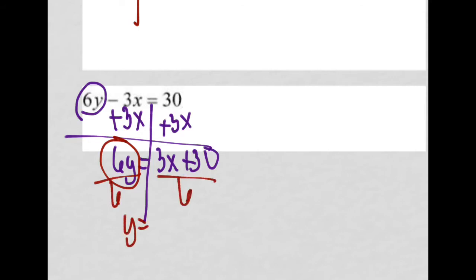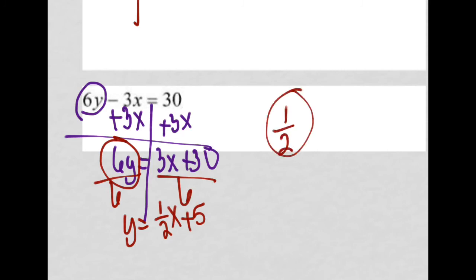Y equals 3 divided by 6 will in fact reduce to 1 over 2. Attach the x onto it. 30 divided by 6 is a positive 5. So our slope is that number attached to x, which is right here. So our slope is going to be a 1/2. Finish up Station 2, please.